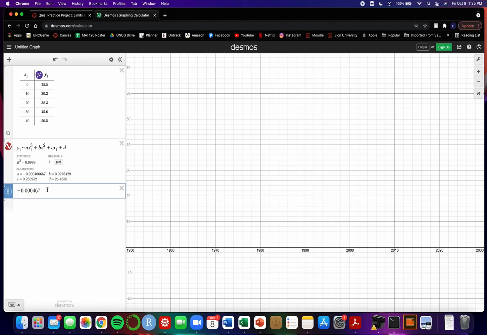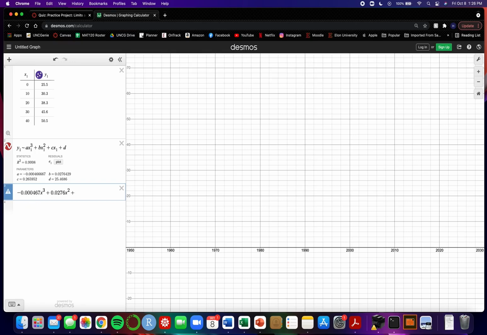For B, so let me put in our x cubed. Our B is to 4 decimal places, so that will be the 6 right here, but the 4 isn't going to make it round up, so we'll just take 0.0276 x squared. And then C is to 3 decimal places, so this 5 will get rounded up because of that 9.